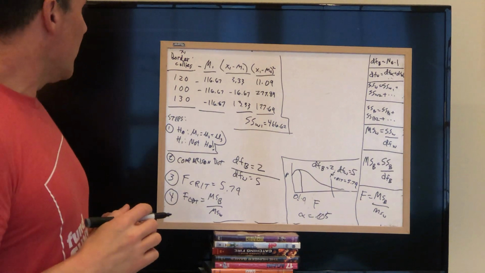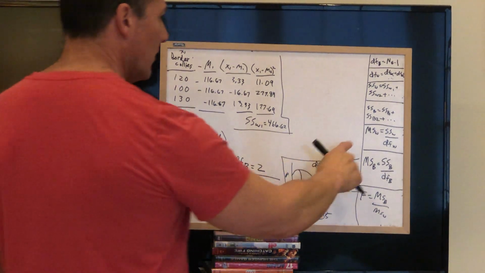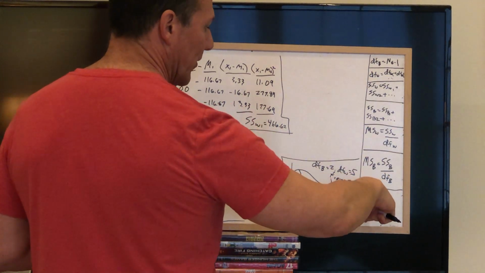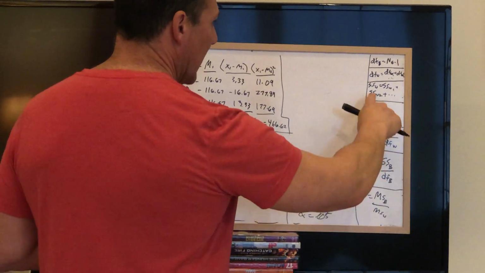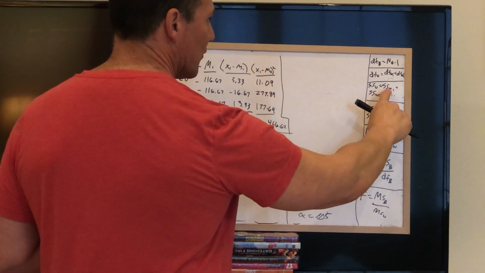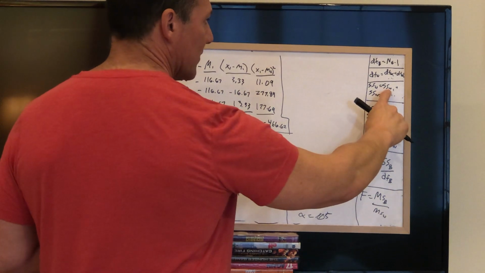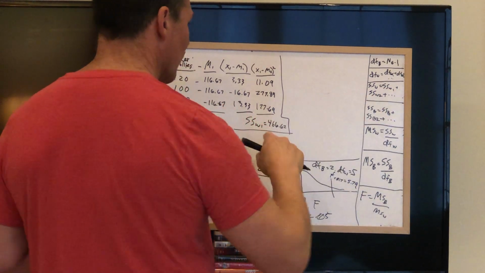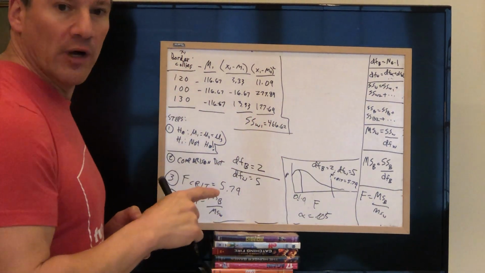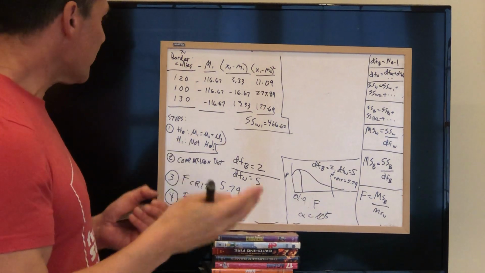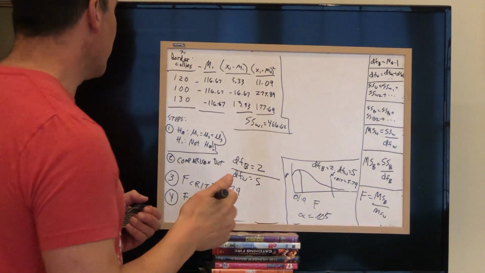Looking over here, how we're ultimately going to compute F: SSW equals the sum of the little SSWs, SSW1, SSW2, and so forth. So there's SSW1. That's one of the pieces of the puzzle.